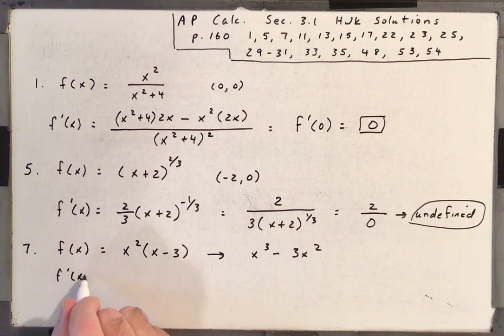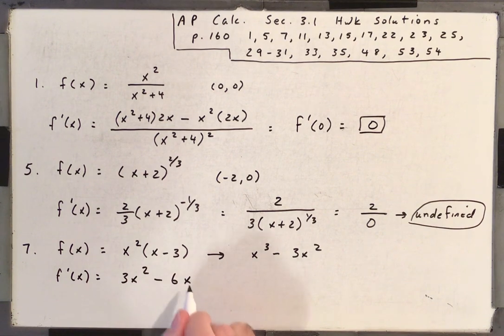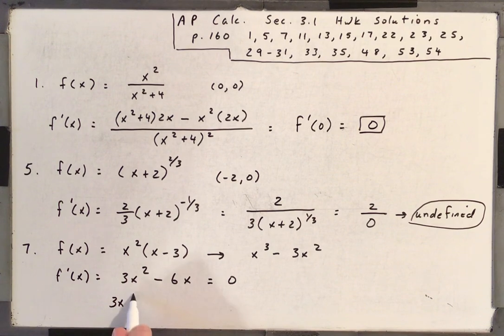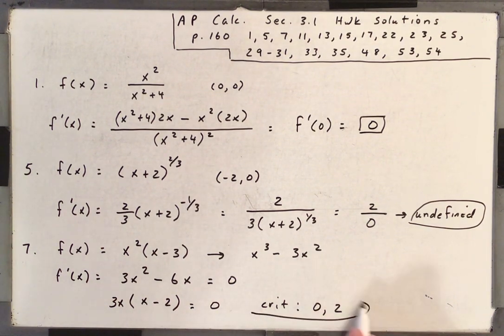So f prime of x would be 3x squared minus 6x. We're going to set that equal to 0. Let's factor out a 3x. What you have left is x minus 2. Let's make sure: 3x squared minus 6x, so that's right, equal to 0. So our critical points occur when x is 0 and when x is 2, which would make this whole thing 0. All right, you have a lot of that in your future, determining critical points.